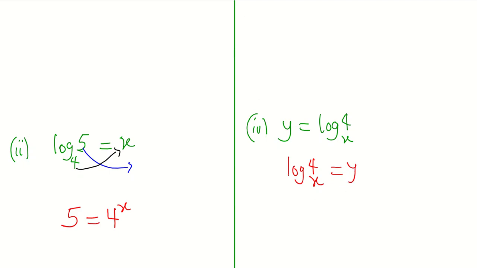And hence, we can see that this 4 is going to come here, and then our x is going to take y. And henceforth, we can write our solution as 4, which is equal to x exponent y. And this is how we can change from logarithm form to exponential form.